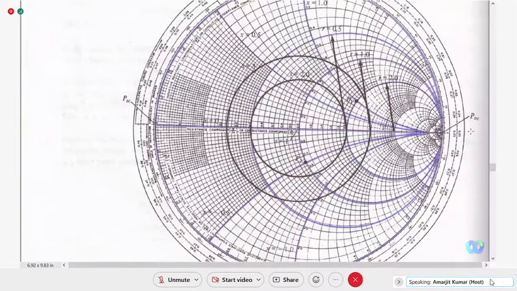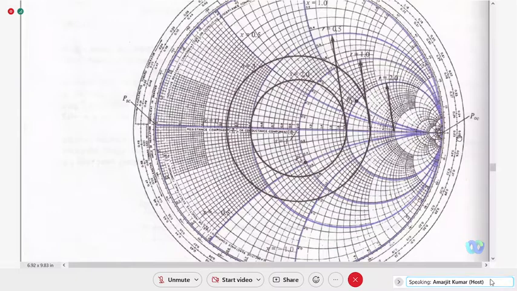So where will that be located? Short circuit point. What will be the reflection coefficient? The reflection coefficient will be equal to -1. That is here, short circuit point.